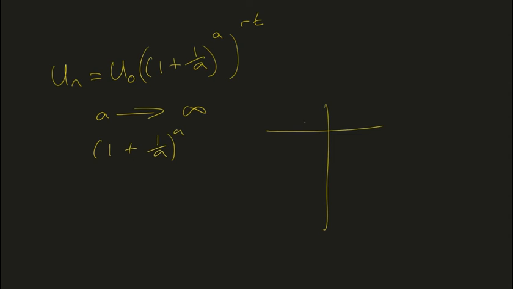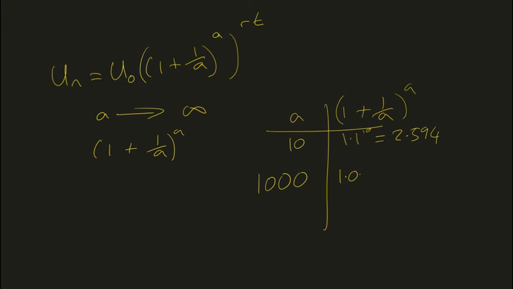So if we start with 1 plus 1 over a to the power of a over here, if we put into that a is 10, then we are going to end up with 1.1 to the power of 10, which is 2.594. If we increase this a little bit, let's just imagine we've got a is 1,000.